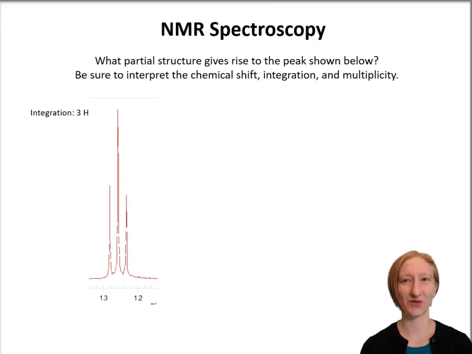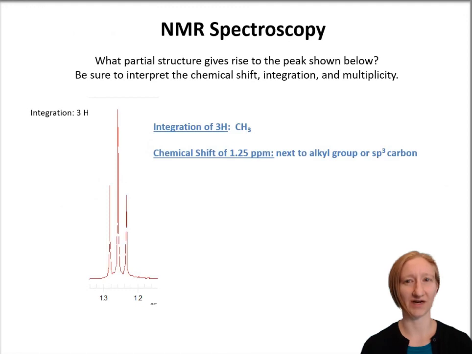We'll end this video with the question we saw at the beginning, to determine the partial structure that arises from a single peak. And here we'll be combining what we've learned about chemical shift, integration, and multiplicity. I like to start with the integration, and here an integration of 3 tells me that this peak most likely arises from a CH3 group. The chemical shift of 1.25 ppm isn't very downfield shifted, so these protons are most likely next to an alkyl group or an sp3 hybridized carbon.